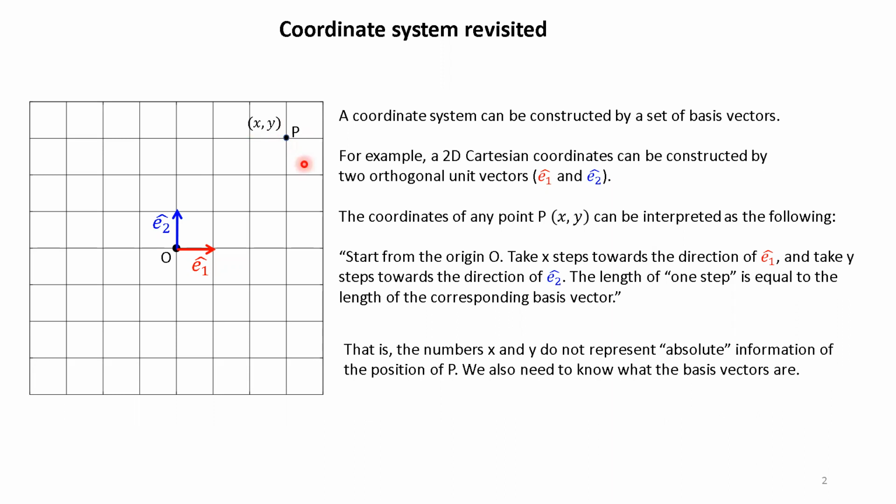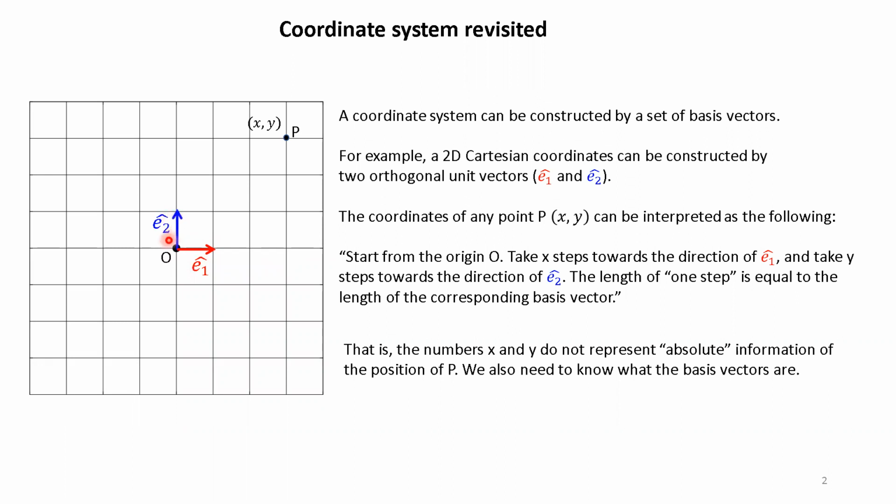What it really means is the following: we need to remind ourselves that this 2D Cartesian coordinate system is in fact constructed by these two unit vectors. I call them e1 hat and e2 hat, but you know that they're just x hat and y hat. The e1 hat is the one that goes horizontal, and the e2 hat is the one that goes vertical.